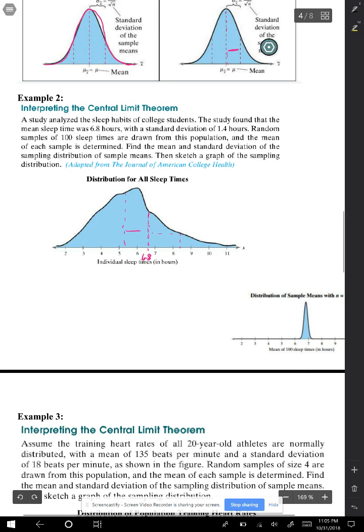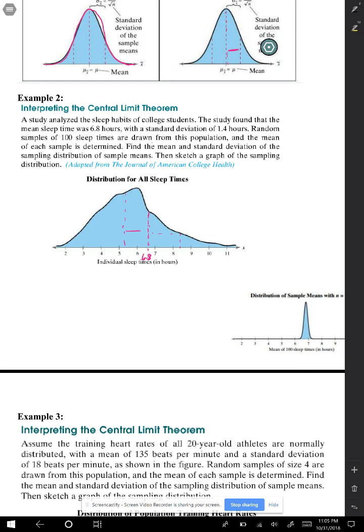Okay, what we're going to do is take random samples of 100 sleep times from the population. And the mean is going to be determined for each sample. They want us to find the mean and standard deviation of the sampling distribution of means. Obviously we can't do this the long method that we did on example 1 because we don't have all the individual numbers. So we're going to have to rely on the central limit theorem.